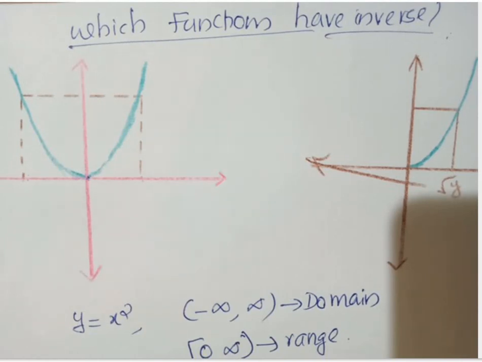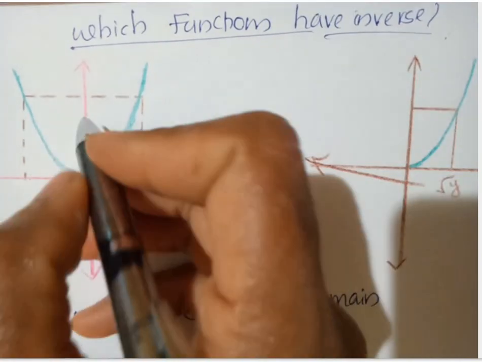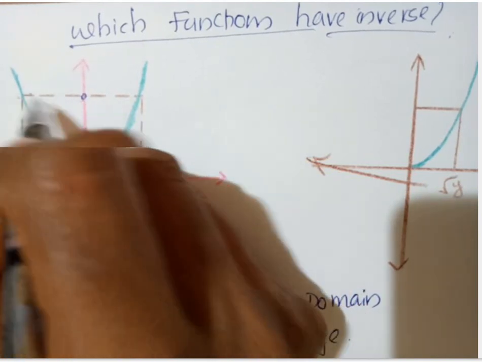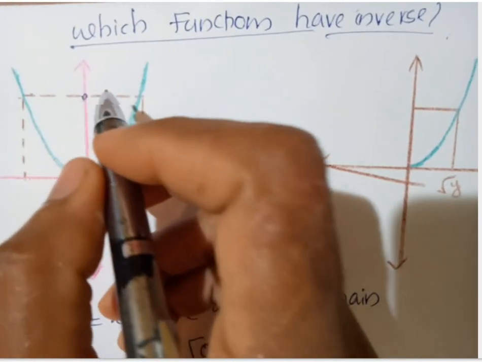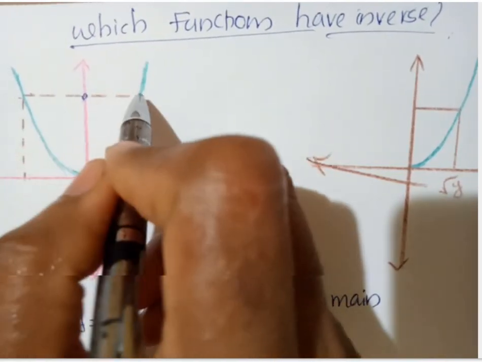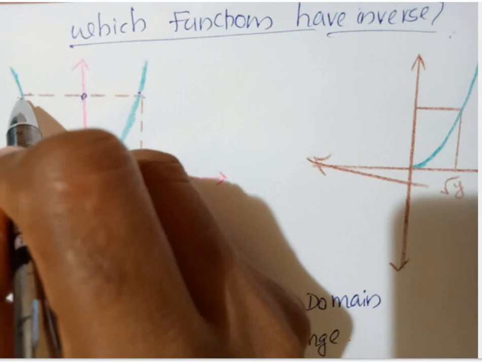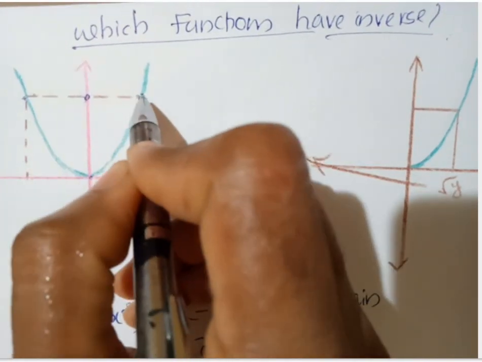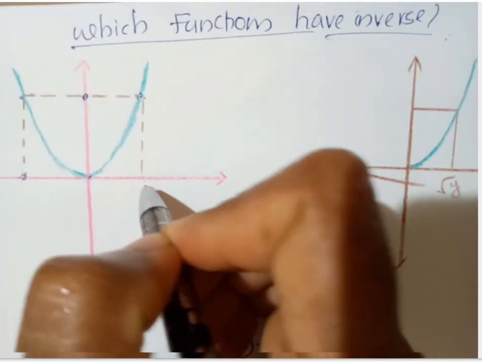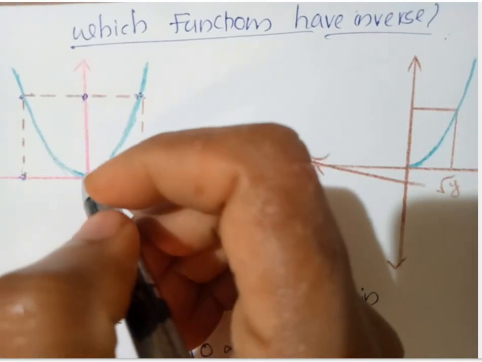Does each value of y in the range be associated with exactly one value? Take this value. So what is the pre-image of this one? In order to find the pre-image, you draw a line parallel to the x-axis through this point. This line will touch the graph at two points.